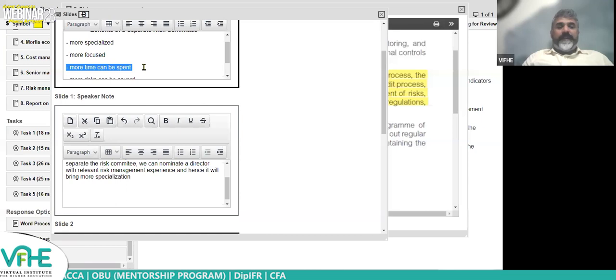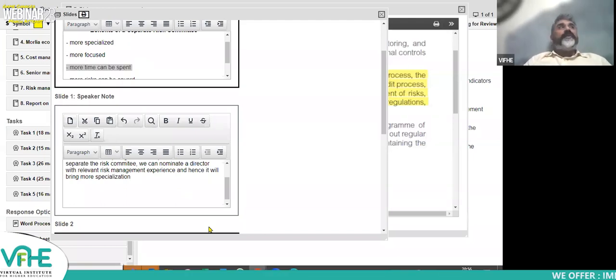What's the third one? More time can be spent. So again, think about it. How can you start? First, pick up from the scenario, state the problem or the statement of fact or the problem statement, and then show the benefit. Start drafting.